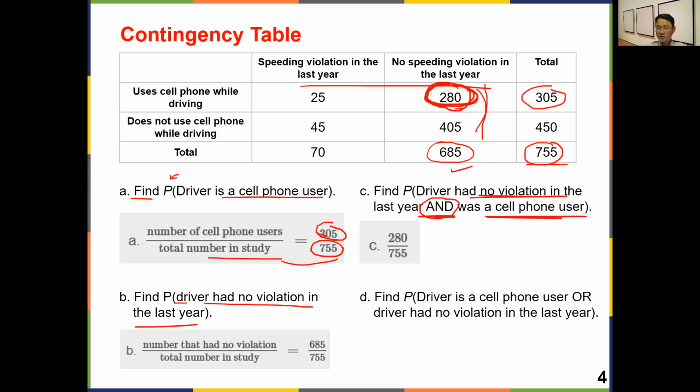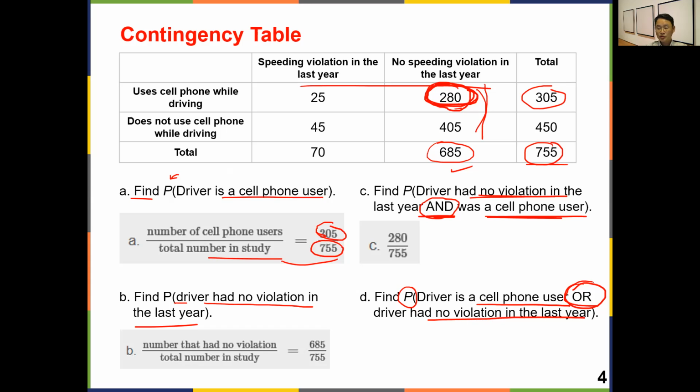Now, this one is slightly similar but slightly different, as you can see. This one is find the probability that cell phone user or, remember the linking word here is or, the driver has no violation last year. This is an OR problem. So if it's mutually exclusive, the OR problem is a simple addition question.